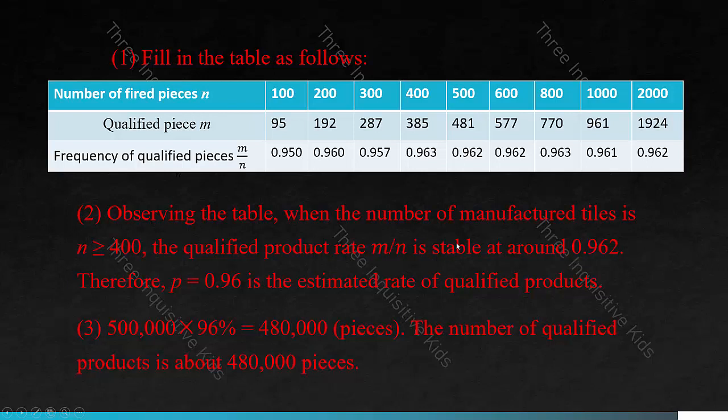So you can find the average of that. Therefore, P equals 0.96 is the estimated rate of qualified products. And if we made 500,000 products, we're going to multiply that by 96%, which equals 480,000 pieces. So the number of qualified products is about 480,000 pieces.